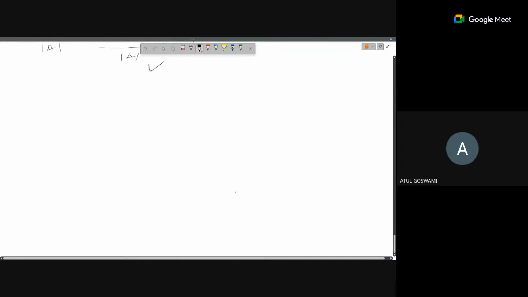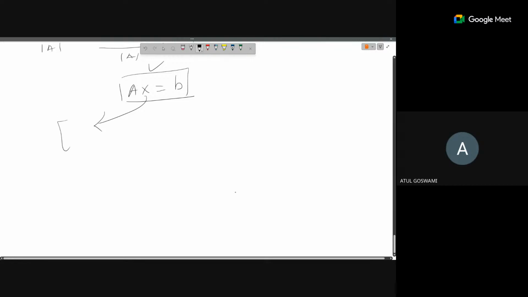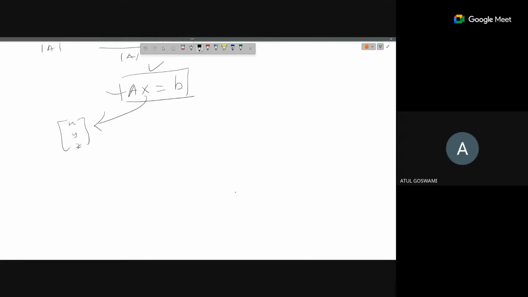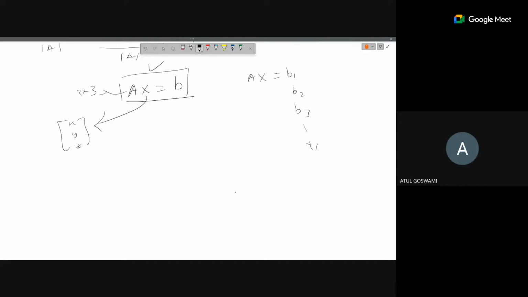In general, Ax equals b, this is the system that we solve for x. Is that clear? What is x? x may be like x, y, z, suppose three variables, and A is a 3 by 3 matrix. In this question, we have multiple systems like b1, b2, b3, and this keeps changing.